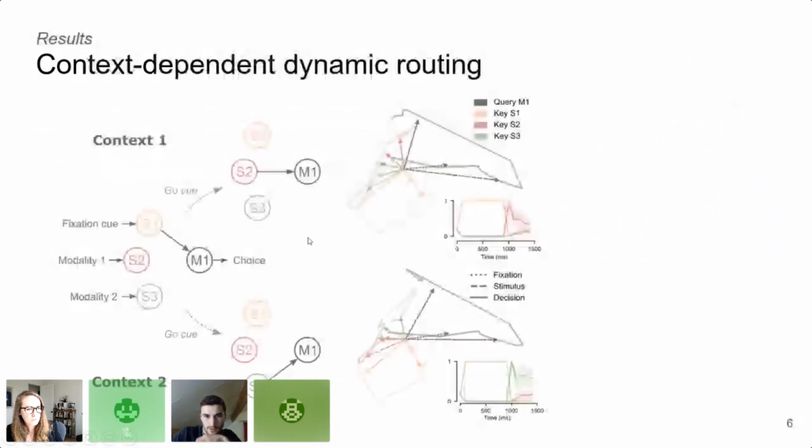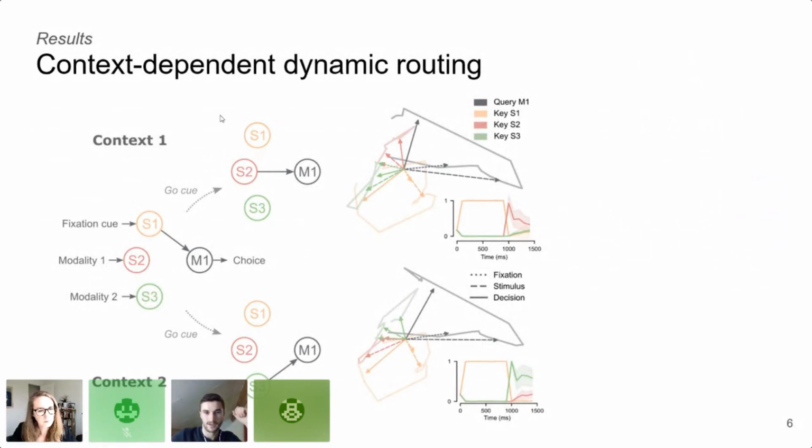So if I go back to this part, we see that really at the beginning, before the stimuli are shown, the two keys of the two sensory modules that contain the sensory modalities coincide, so they are on the same line. And this is really the information about the context that will differentiate them.